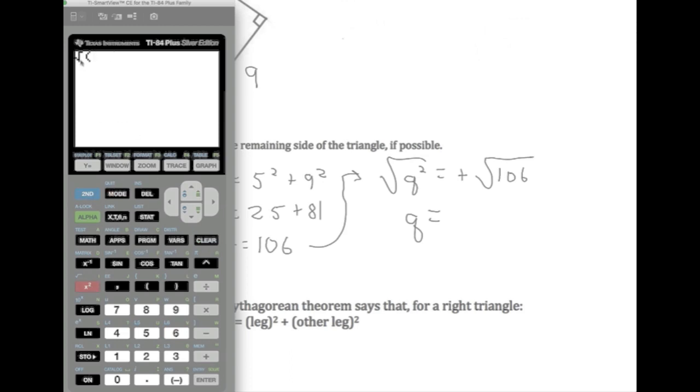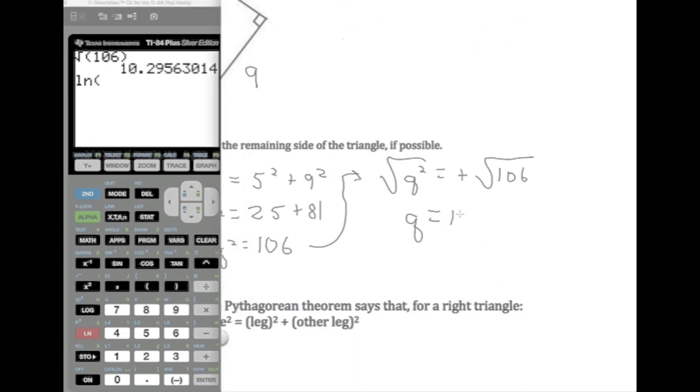The radical sign by itself means the positive square root. So that's what the calculator will take here. Square root of 106. So that gives us 10 point, I'll round that off to 10.30.